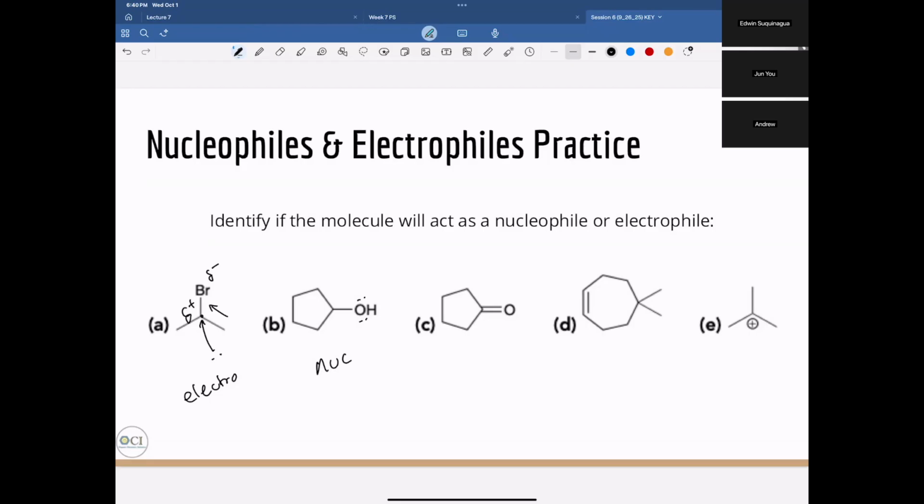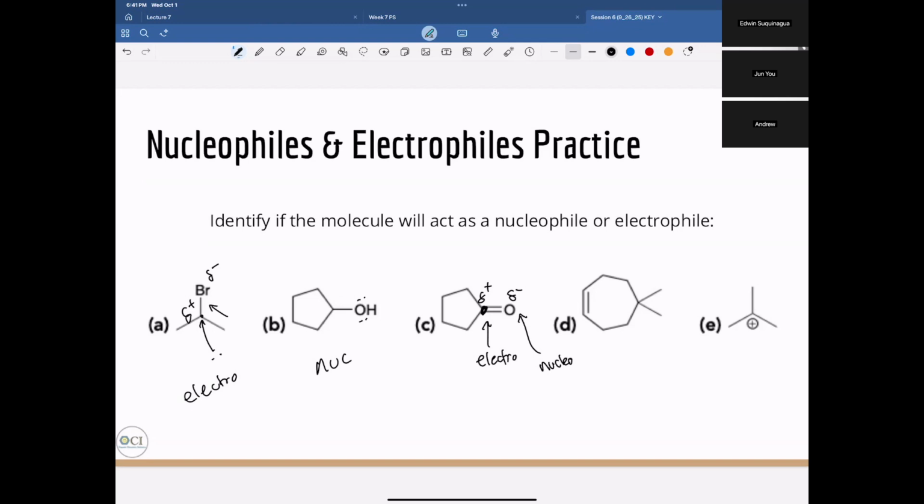For number C, this can actually be considered both an electrophile and a nucleophile because this oxygen is going to bear a partial negative charge and this carbon is going to bear a partial positive charge. So this is an electrophilic region and this is a nucleophilic region.